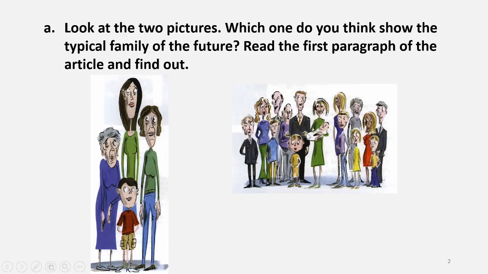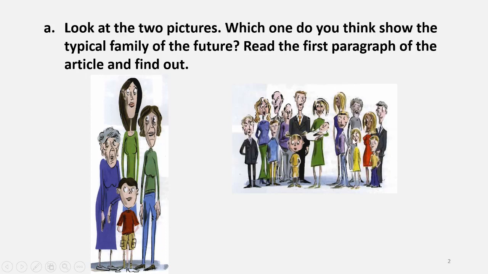For the question, which one do you think shows the typical family of the future? Firstly, I want to explain the kind of families on the right. You can see in this picture there are many members in these families, including all relatives, such as aunts, uncles, cousins, and also your parents and grandparents.